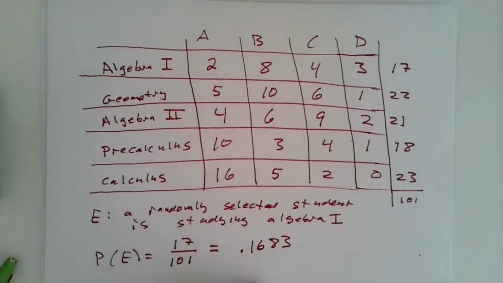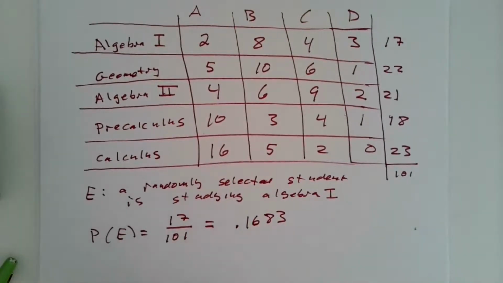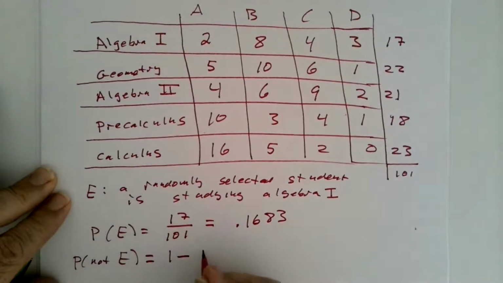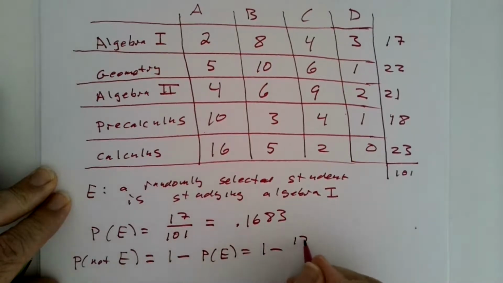So the probability a student is not an Algebra 1 student. We'll use a not notation this time. Probability of not E. Using our complement rule, the probability that you're not in group E will be 1 minus the probability of E, which is 1 minus 17 over 101.